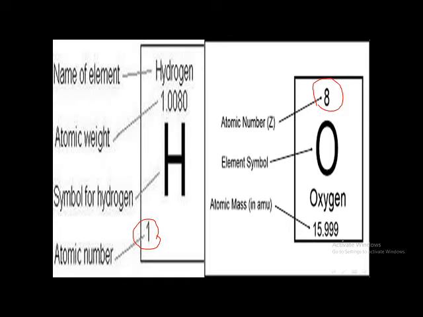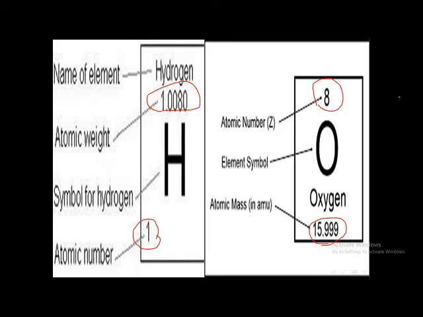The largest one represents the atomic mass or mass number, and here we have a mass number. So we have a different atomic number and mass number for hydrogen and oxygen. So that means we have a different atom, right?